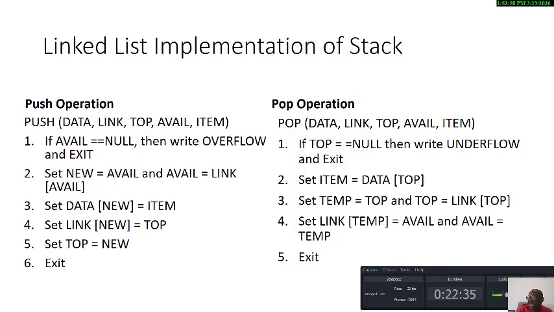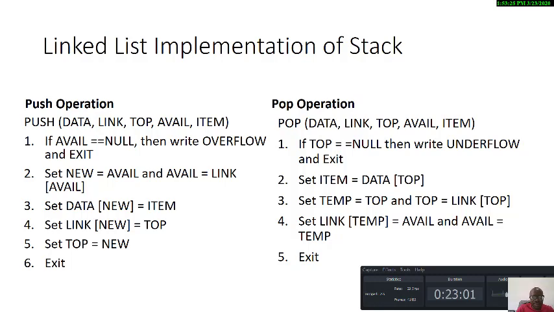Remember, in linked list, before you can insert, you must check whether there's an empty node available, and that one must be in the available list. So you need the avail pointer here. Then you need the item that you want to insert.